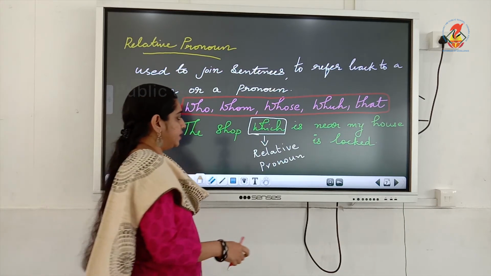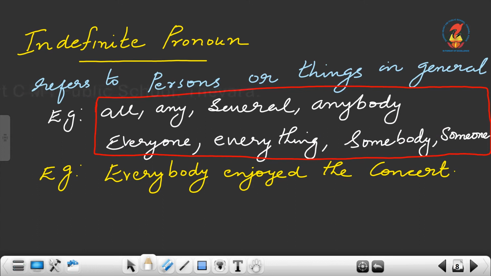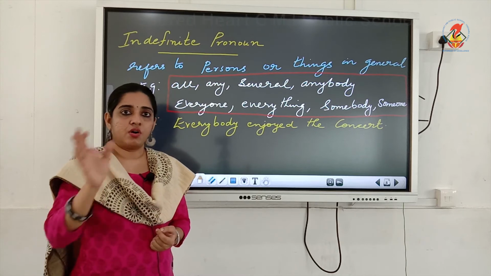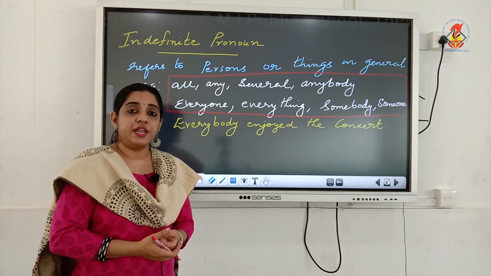Now the next one is indefinite pronoun. Indefinite pronouns means you speak generally, you say some rules or something, that time you speak in a general sense, is it? A pronoun which is used to denote something in a general way or sense is called an indefinite pronoun. See, everybody knows that she is a good singer. Everybody means all, is it? So that is an indefinite pronoun.